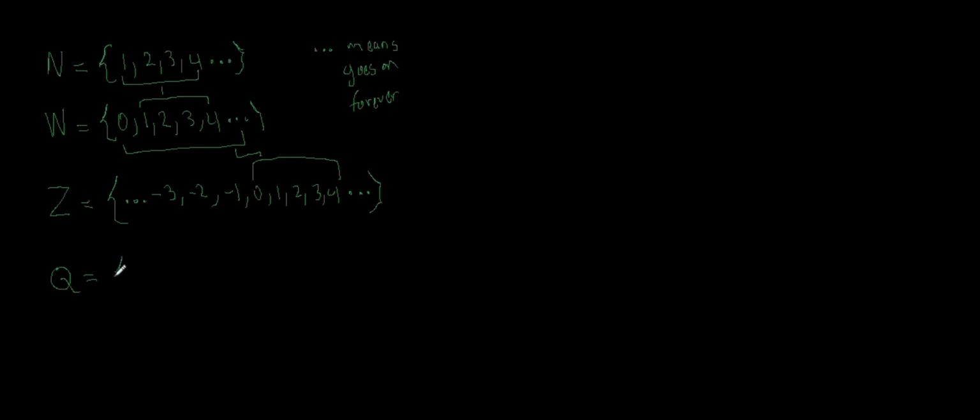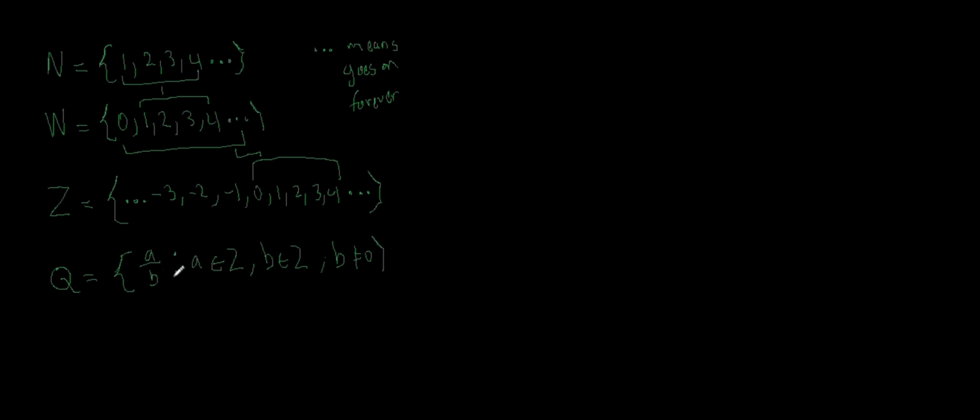Q, or the set of fractions, is written as some number A all over B such that A belongs to the integers, B belongs to the integers, and B is not equal to 0.